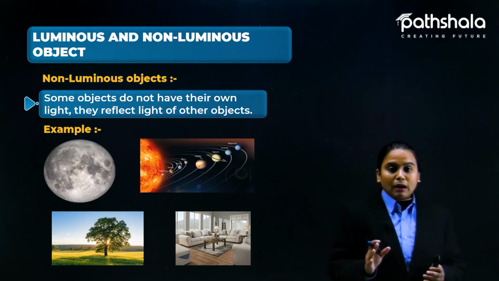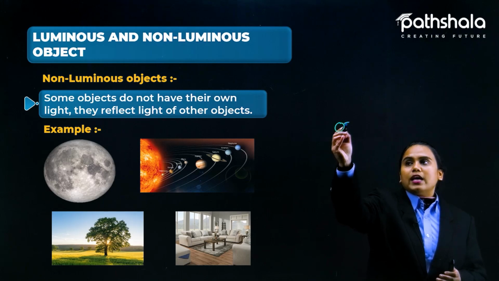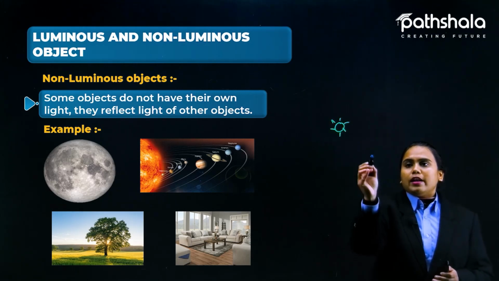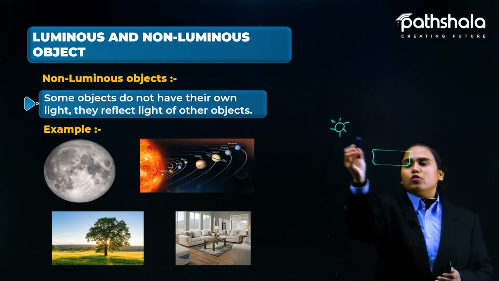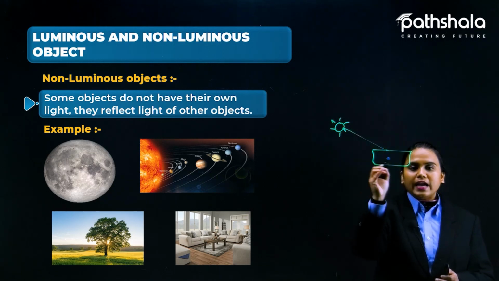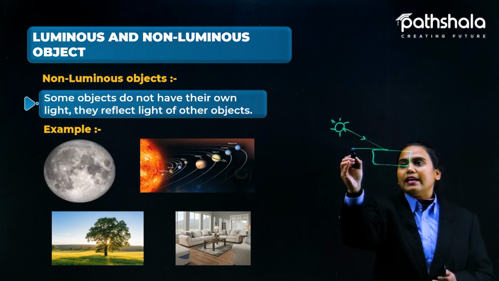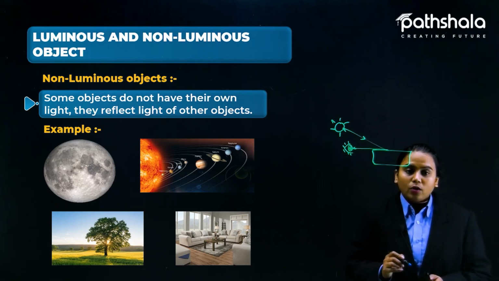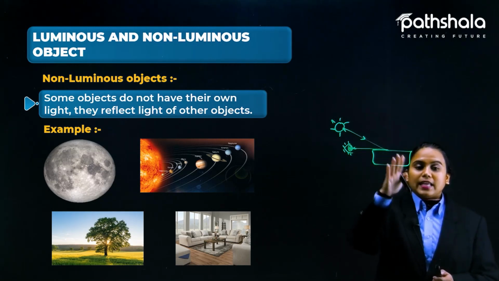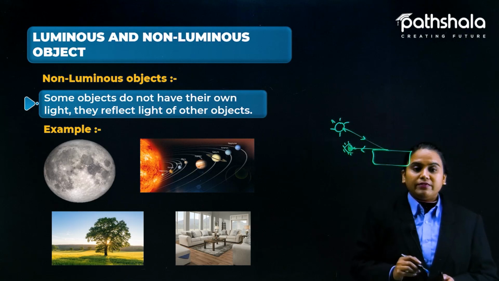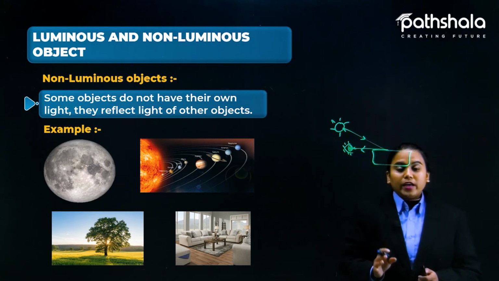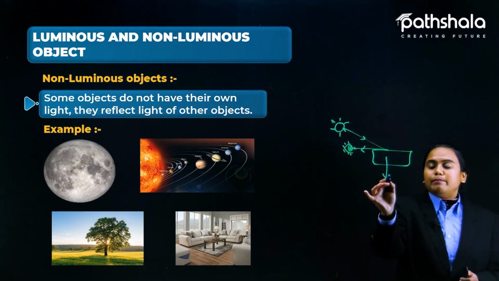When any light source throws light on a bed, that light after reflection is received by your eyes. That is why you are able to see this thing, because of receiving the light that is reflected back.